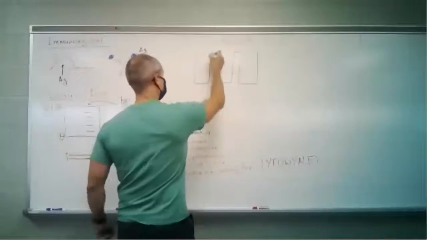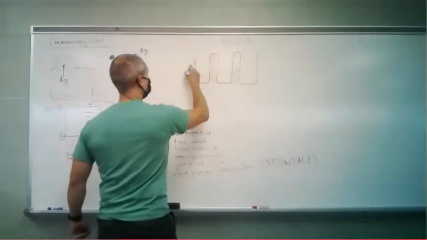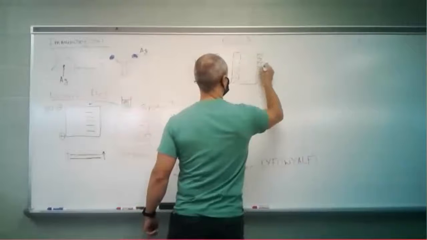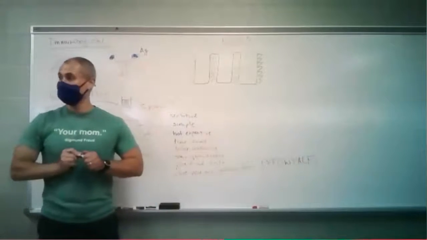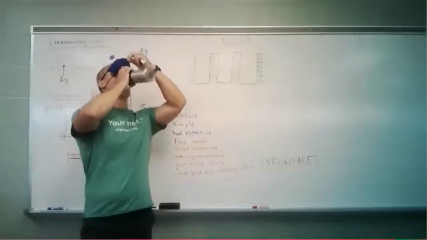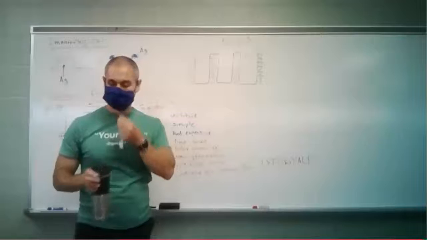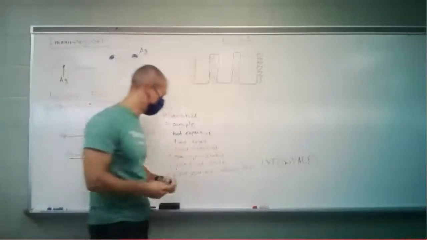And on that plate, on the picture here, I show you 3 individual wells. Does that make sense? Can you see this? 3 individual wells.